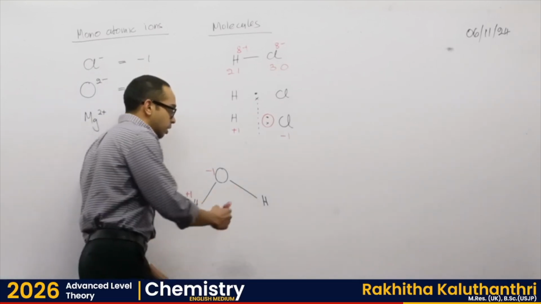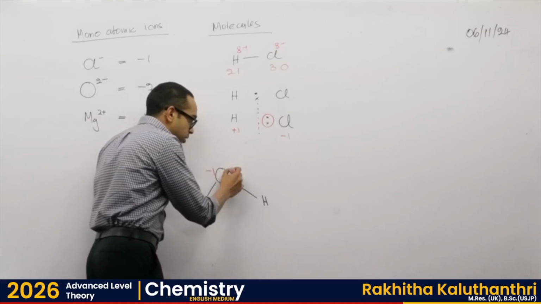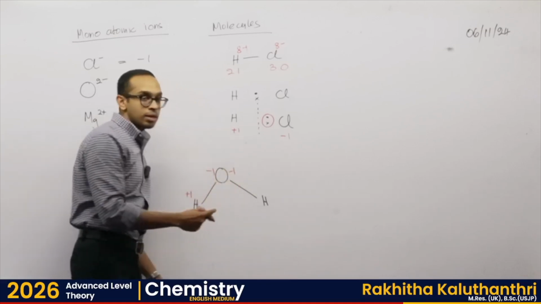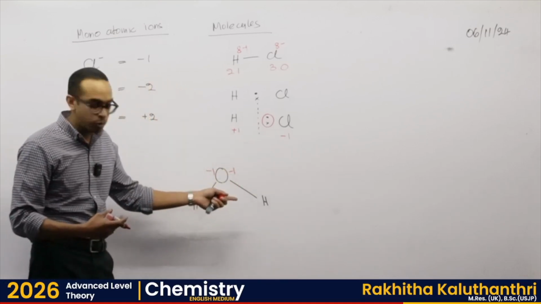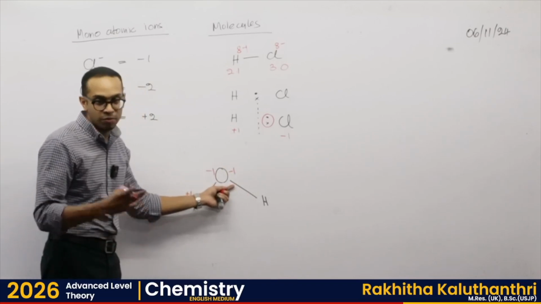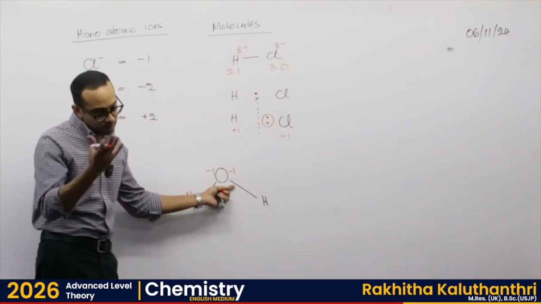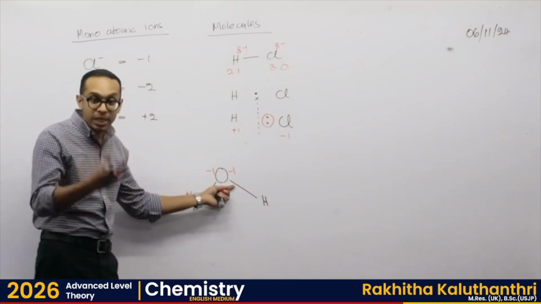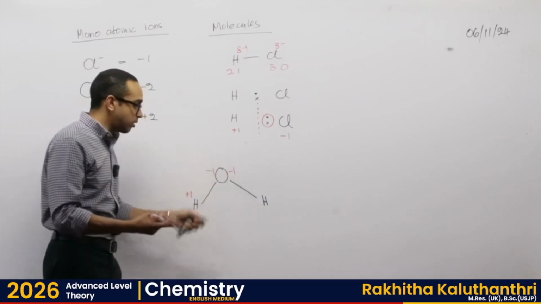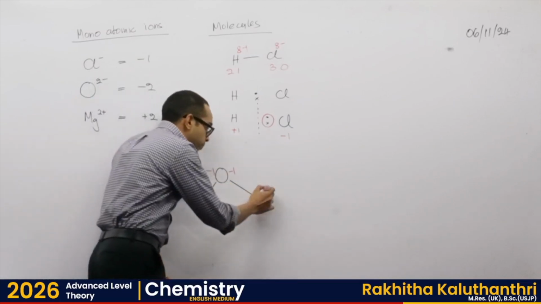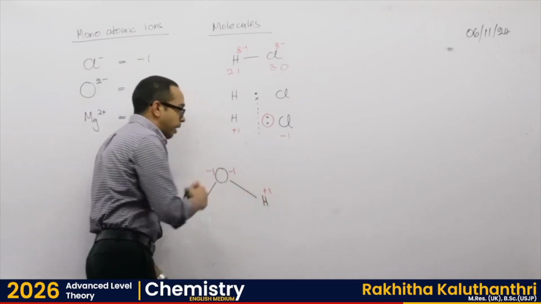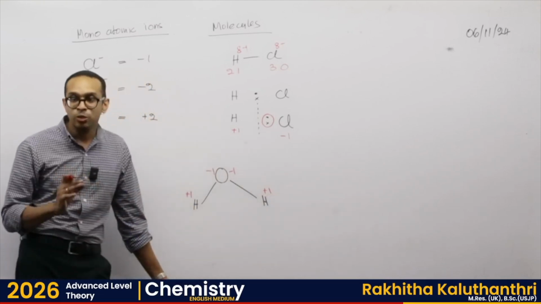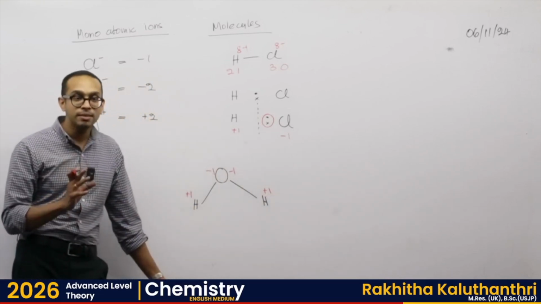Hydrogen, oxygen. I transfer both the electrons to oxygen, because oxygen is more electronegative. Electrons are anyway attracted towards oxygen. So instead of a partial transfer, we can think of it as a complete transfer. Both electrons are given to oxygen. So therefore, this will be +1, this will be -1. Is it understood now?